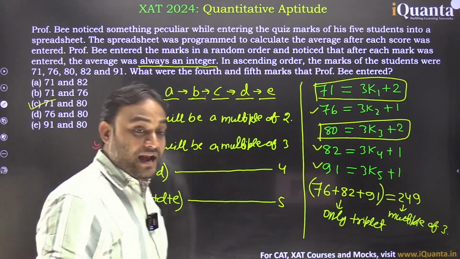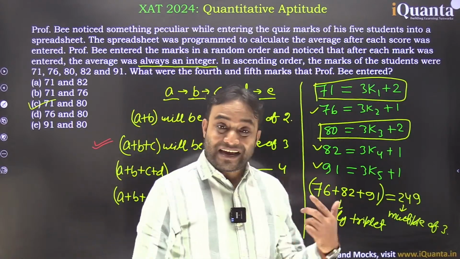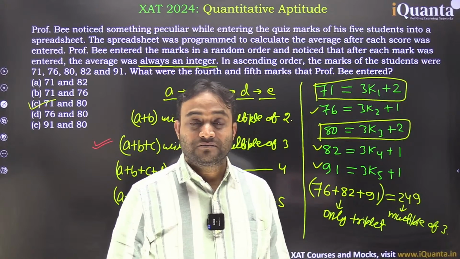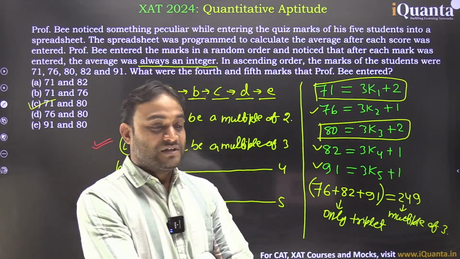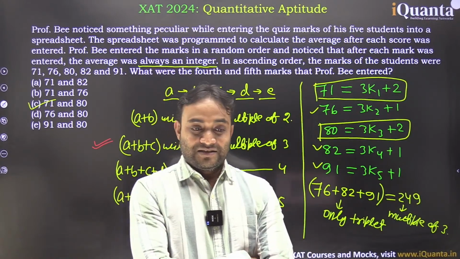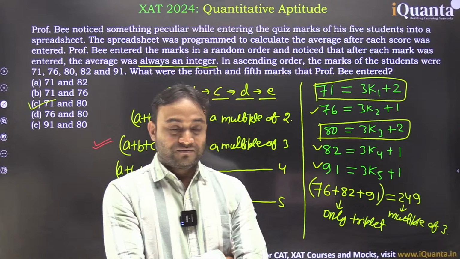And can you tell me what will be the second number entered by Professor B? Third number is surely 91. What will be the second number?